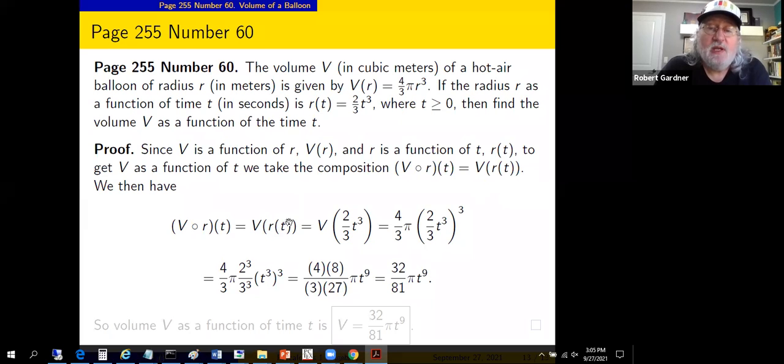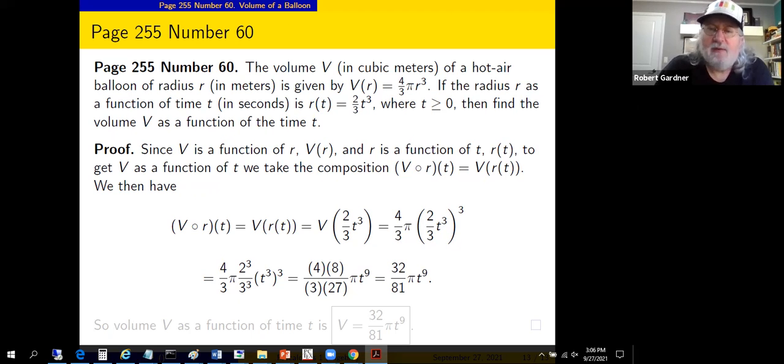V of r of t: we had r of t as 2/3 t cubed. So here's a 2/3 t cubed. V of an input, here the variable is r, takes that input, 4/3 pi input cubed. So we'll have 4/3 pi, 2/3 t cubed, quantity cubed, putting the input in parentheses as I always do.